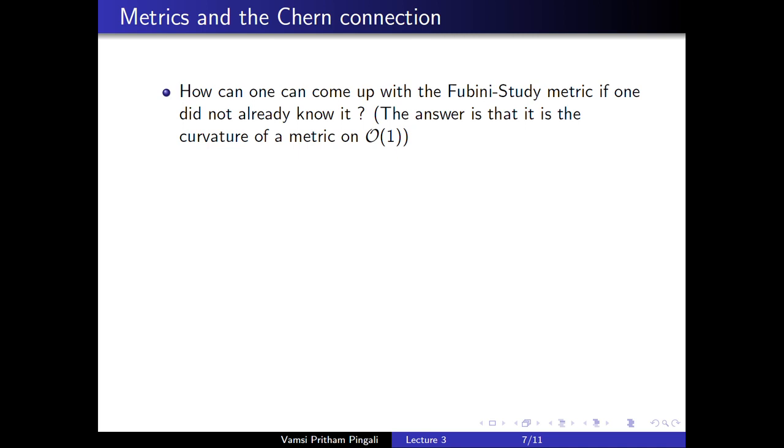Indeed, there is a systematic way. You take a metric on an appropriately chosen line bundle, in this case the O(1) bundle, and compute the curvature of some connection associated to this metric. That turns out to be the Fubini-Study metric, or more generally, that might be a Kähler metric.